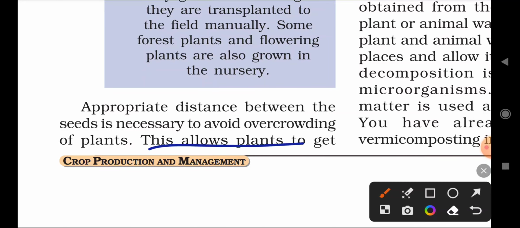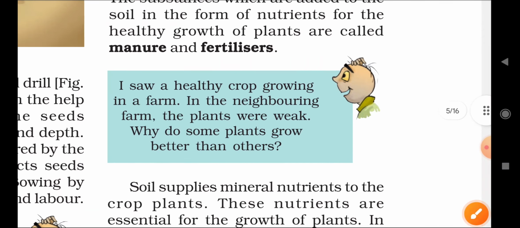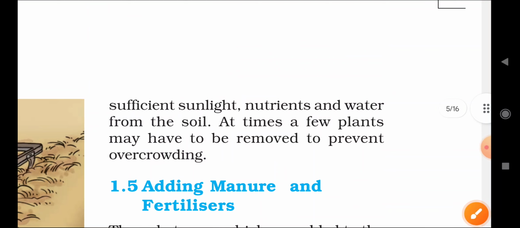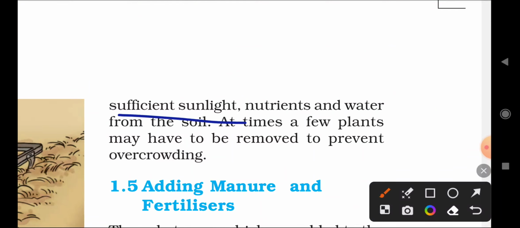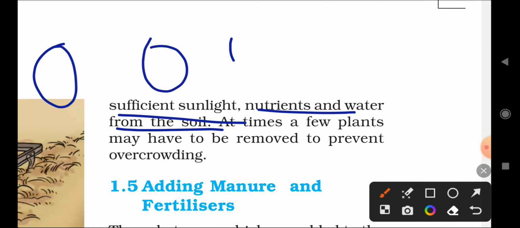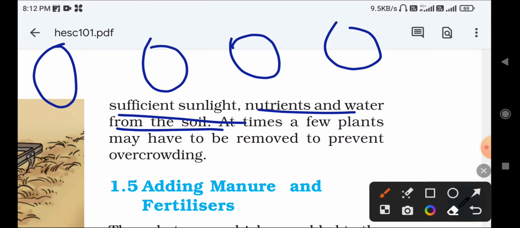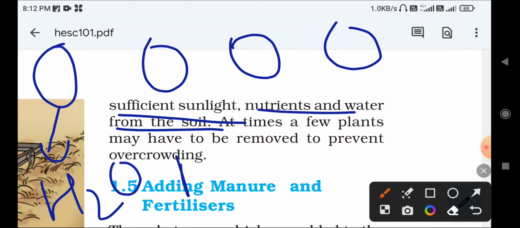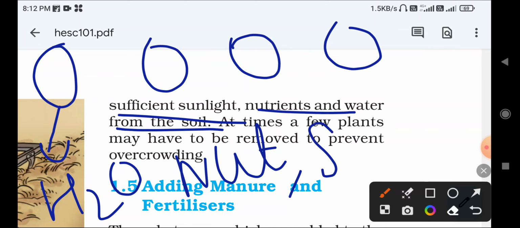This allows plants to get sufficient sunlight, nutrients and water from the soil, correct?